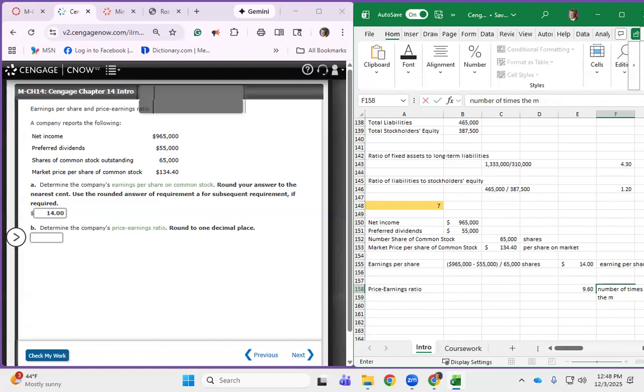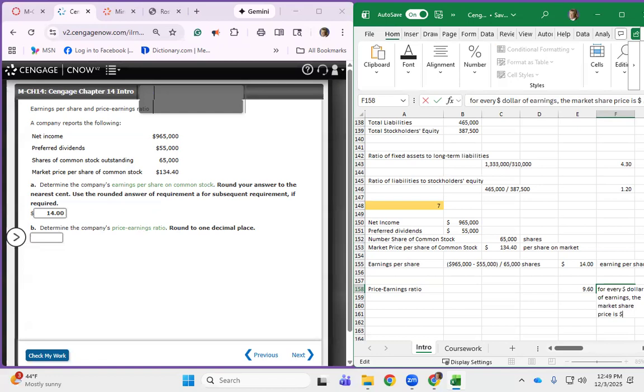So you could say, and I like to get it down to an easy way to understand it, for every dollar of earnings, the market share price is $9.60.